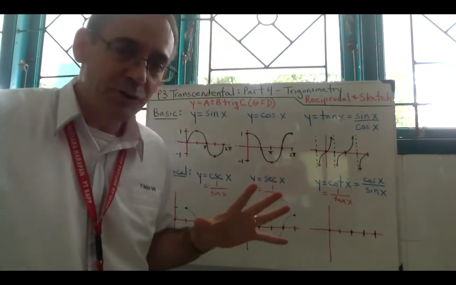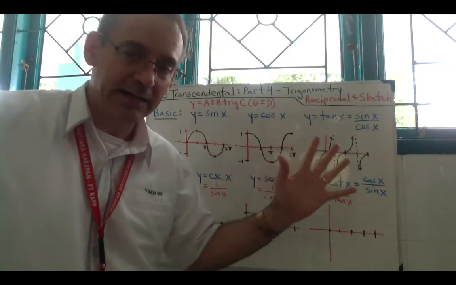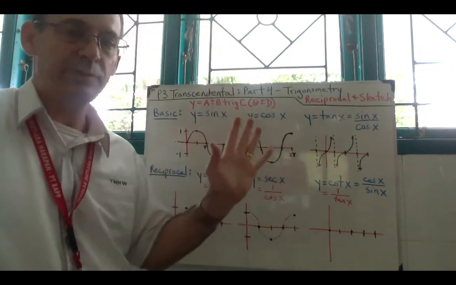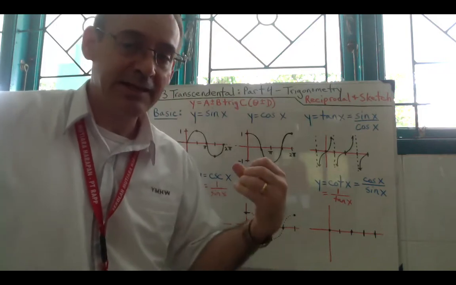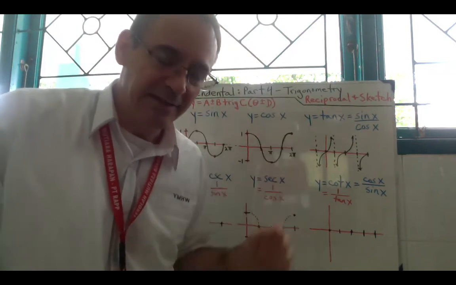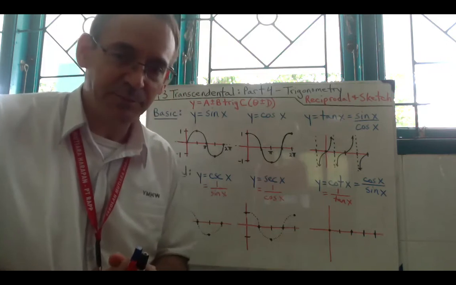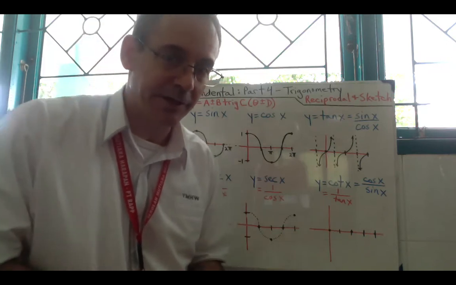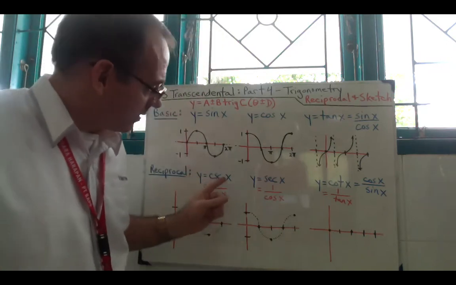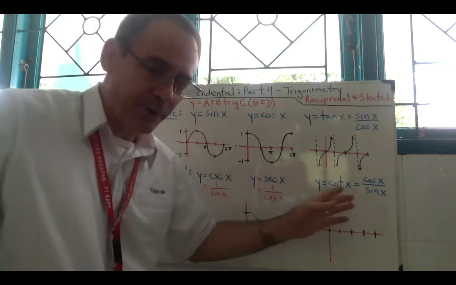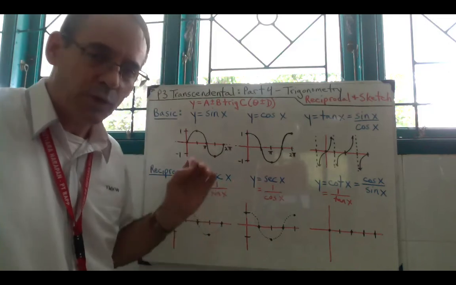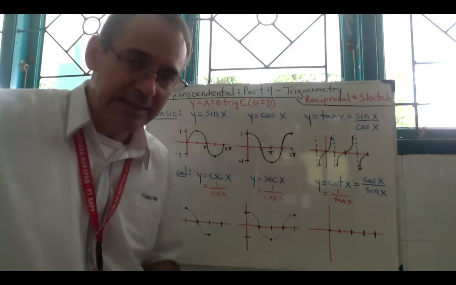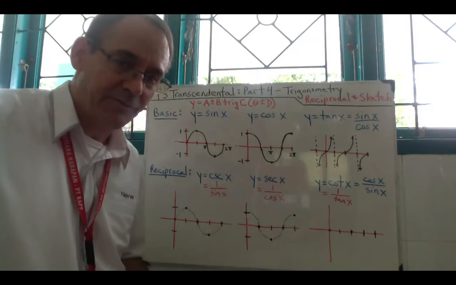Those are the two identities that you learned back in Pure Maths 1. As we move forward into the part 5 video, we'll be getting into more identities that you'll be using in this Pure Maths 3 material. So knowing the reciprocal values in terms of sine and cosine will be helpful for you in the identities video.